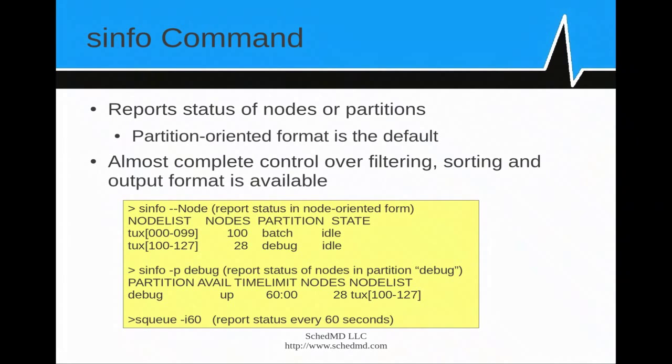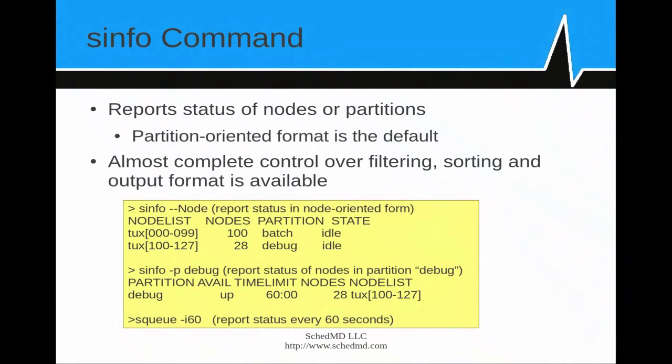So here's an example of sinfo, and sinfo lets you format, filter, and sort the information pretty much any way you want. If you want any information about nodes or partitions in any format, it should be pretty easy to do that using sinfo.